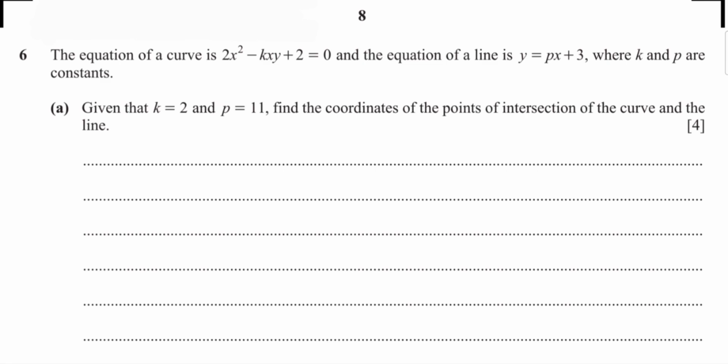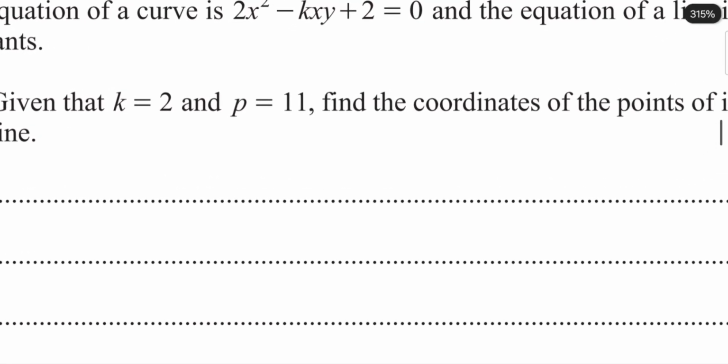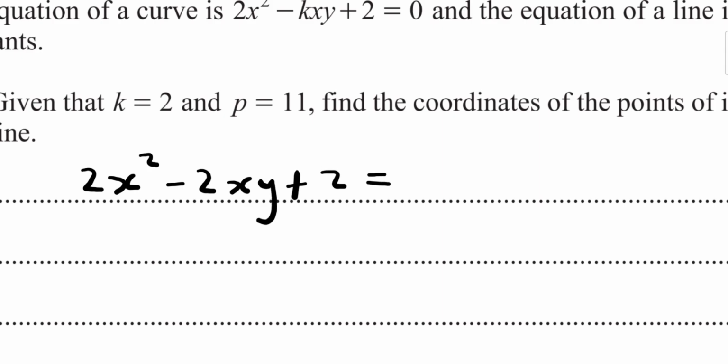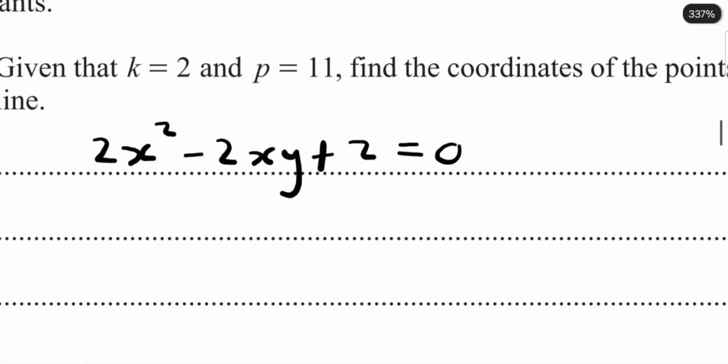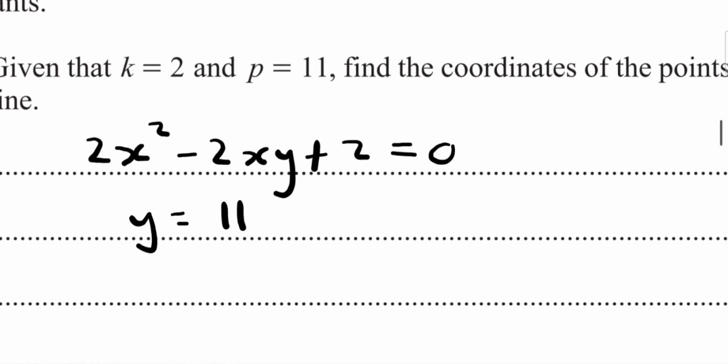So let's first substitute 2 and 11 for k and p respectively. That will give us 2x squared minus 2xy plus 2 equals 0 for this one. And for the line, we'll get y equals 11x plus 3.